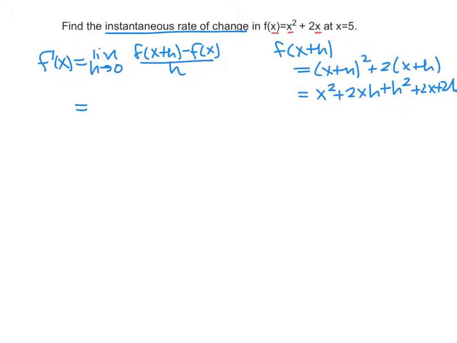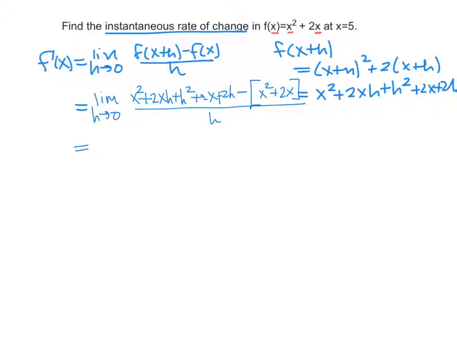So let's plug that value in to limit as h goes to 0 of f of x plus h that we just found, x squared plus 2xh plus h squared plus 2x plus 2h minus f of x, which is x squared plus 2x all over h. We have x squared and minus x squared, so that will cancel out. We will also be able to cancel out the 2x and minus 2x.